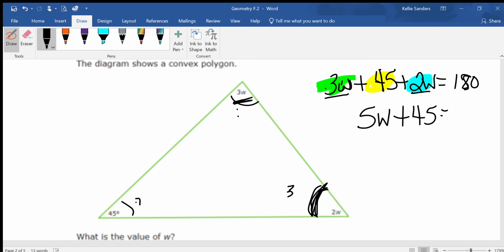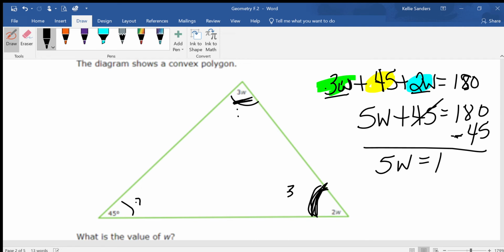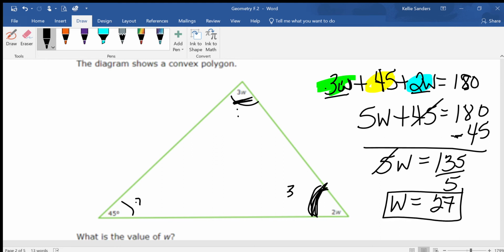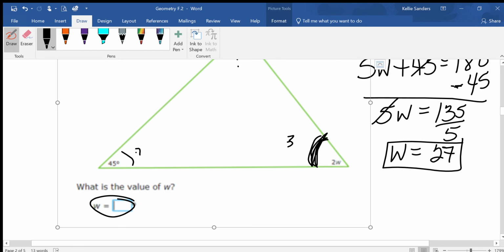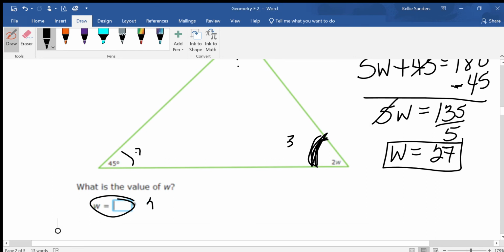Keep the 45, equals 180 minus the 45. Bring the 5W down and get 135. Divide by 5 and get 27. W is 27, and the question is, what is W? So we are finished, and it would be 27.